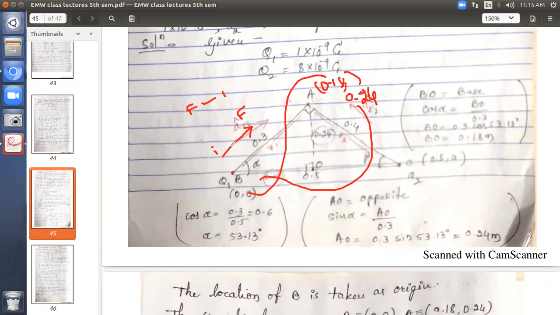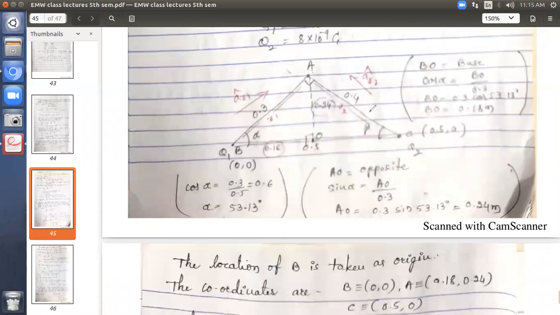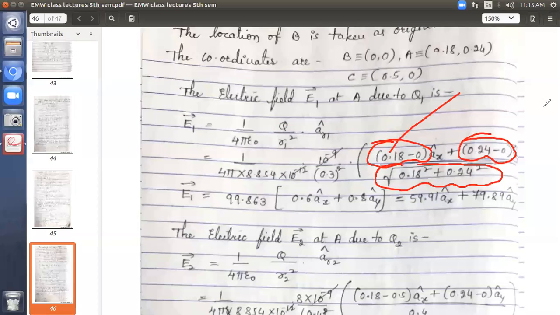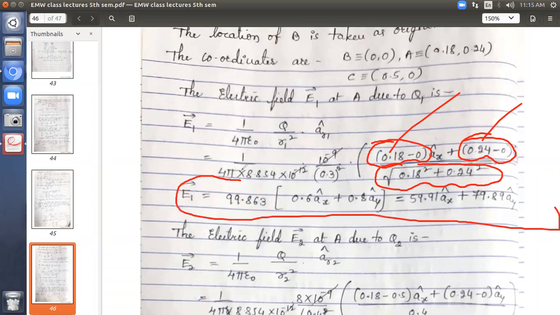If you take that, this direction, 0.18 minus 0 AX, 0.24 minus 0 AY. There is no Z direction, leave it. And what is the magnitude of the unit vector? It is the square root of 0.18 square plus 0.24 square. You calculate using the calculator, you will get some value. Further is simpler, the simplification part.